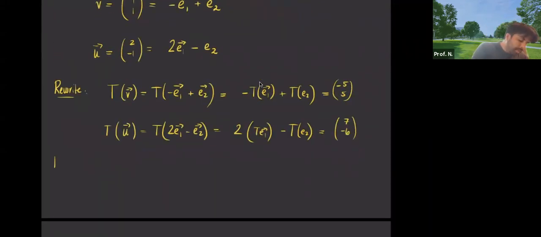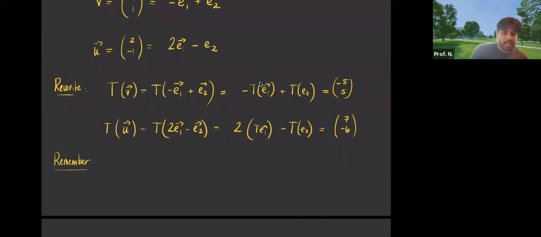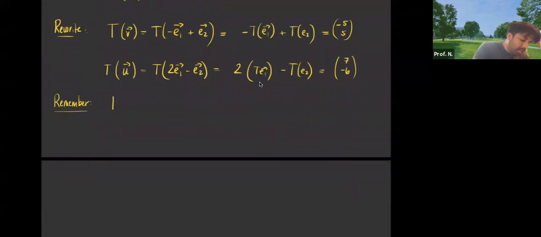Now, remember, to find the standard matrix A, what do we have to do?